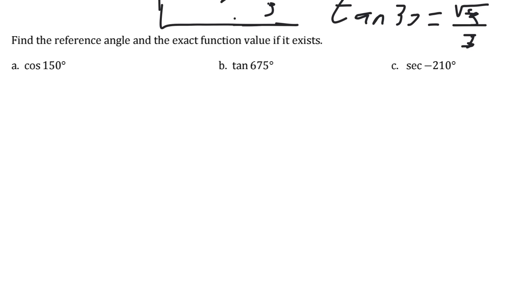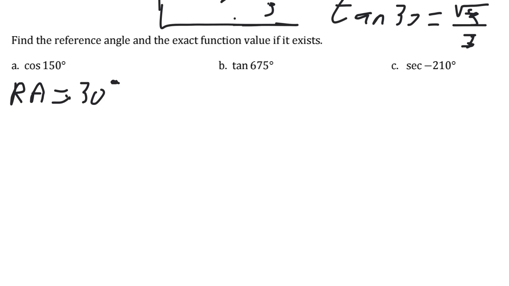So I take 150, and I see 150 is in quadrant 2. So in quadrant 2, I do 180 minus the angle. 180 minus 150 gives me 30. So my reference angle is 30 degrees.